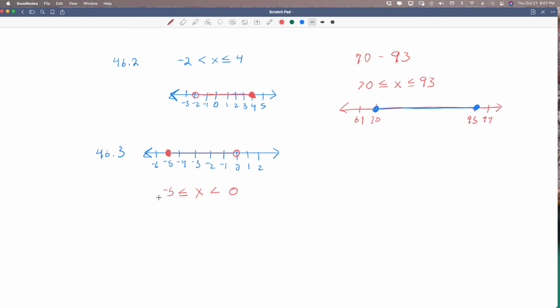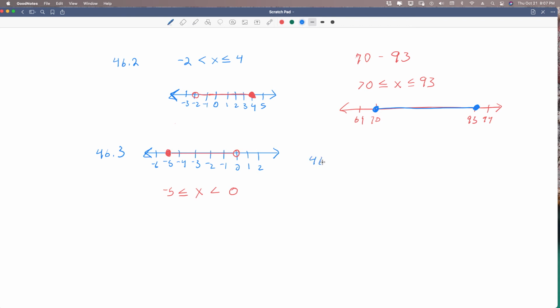You put your lowest number here, your highest number here, x in the middle, less than, and then look to see which circles are filled in. If the circle on this side is filled in, you put in the equal sign, the less than or equal to. If it's open, you just leave it open. All right, I think we're getting the hang of this.